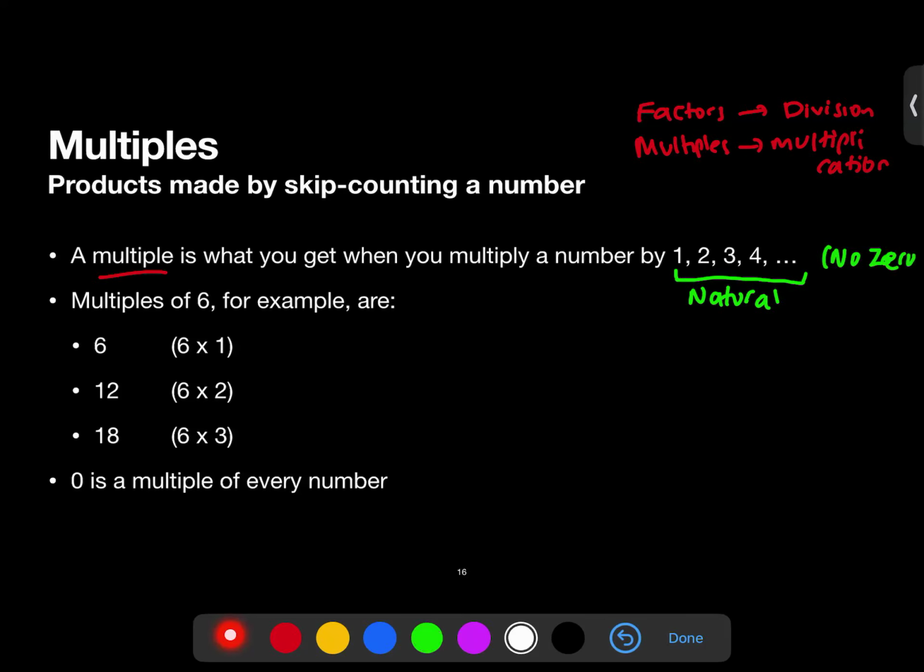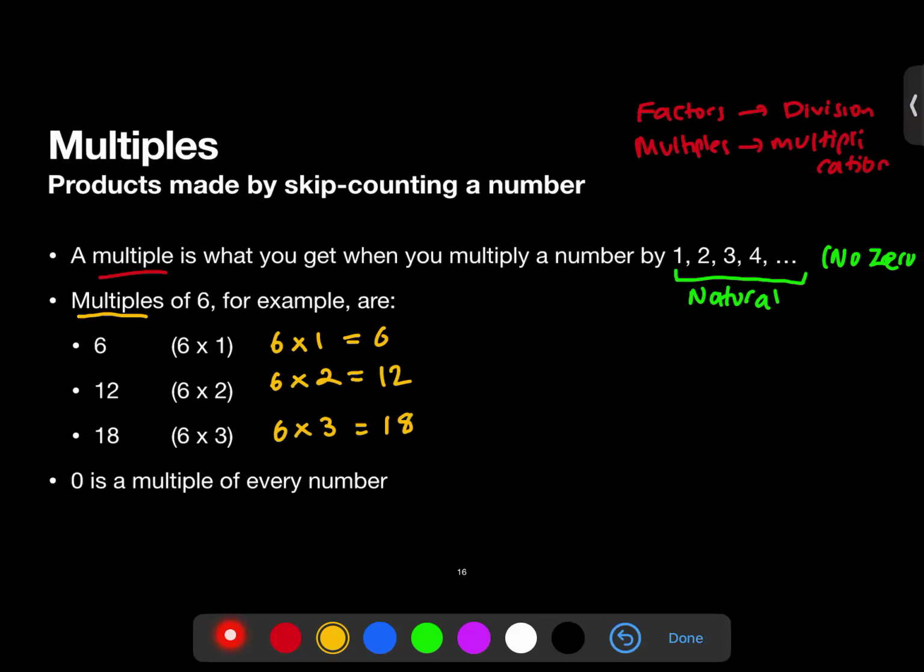So, for example, the multiples of the number 6 are as follows. So we'll start with 1, then we'll go to 2, 3, 4, for example. So 6 times 1 is 6, 6 times 2, and 18, correct.